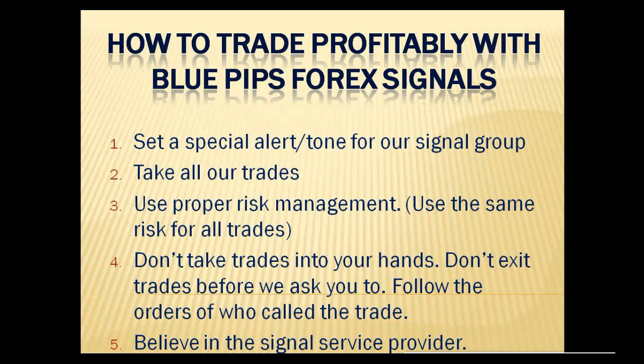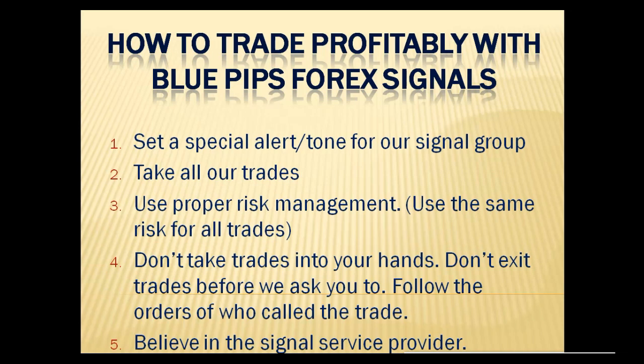So if you're advanced, if you're a bit technical, you can go to your WhatsApp settings and adjust the tone for this our own signal group. We are Blue Pips Forex Signal, so you already know our group, and you can set a different tone for our group, while you set a different tone for every other group on your phone. So when you hear that tone that comes from our group, you know that a trade has been called, or an advice, or whatever it is coming from this group, because it's very important.